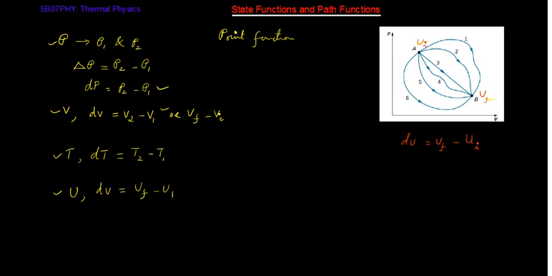Now what is the benefit of a state function? As you can see, a state function is a kind of exact differential. A state function can be represented as an exact differential. Already we have seen what is the advantage of an exact differential. An exact differential can be readily integrated. It's a perfect differential.